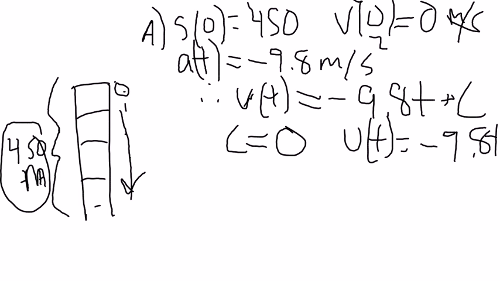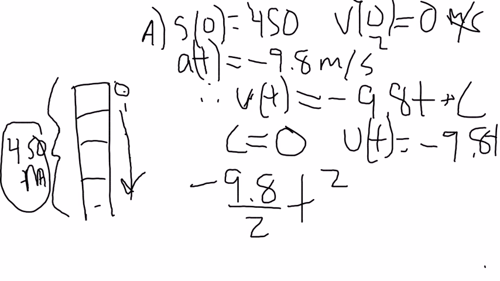Okay. Then we need to figure out our position function. So if we go from velocity of time to position of time, we would get negative 9.8 over our coefficient 2, because that's our new exponent, and then times t to the n plus 1, which is 2.